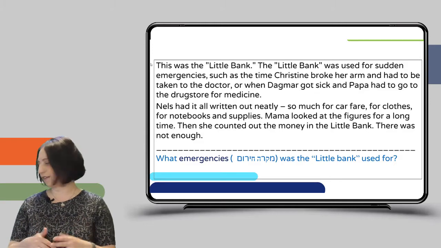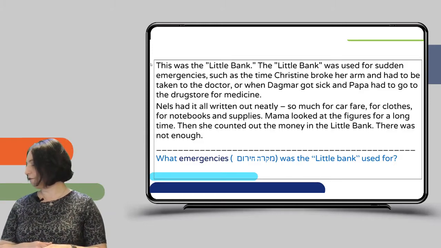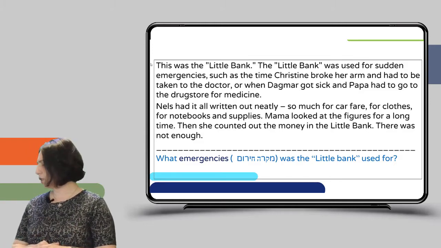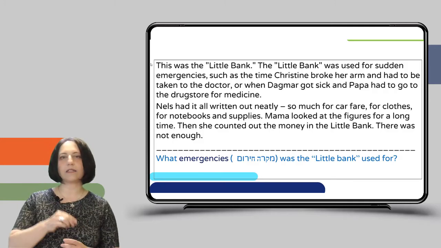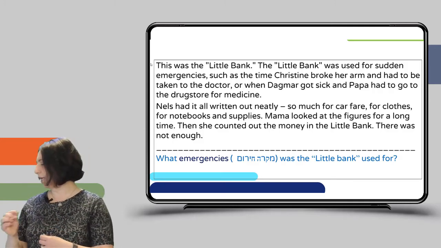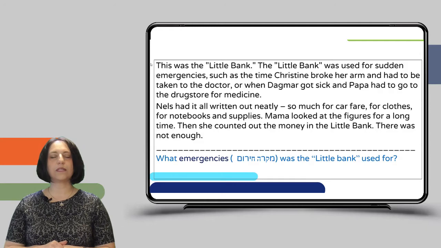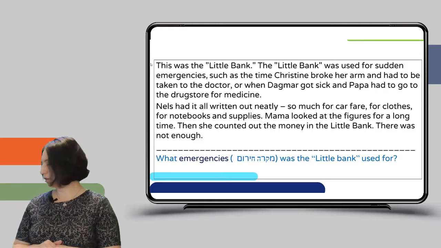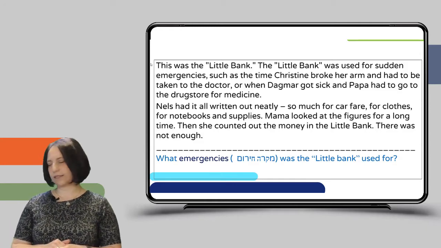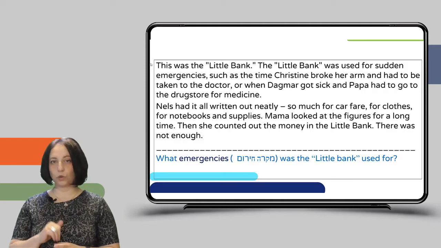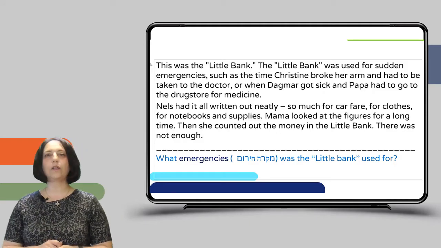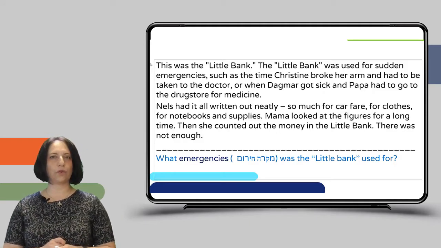They're things that he needed. Mama looked at the figures, the numbers, for a long time. Then she counted out the money in the little bank. There was not enough.